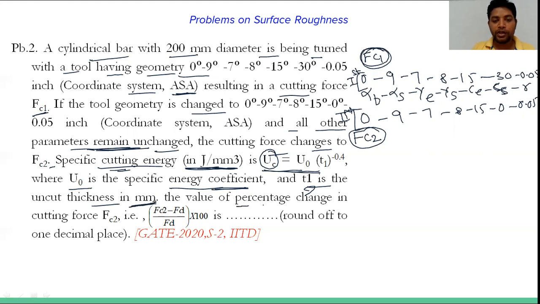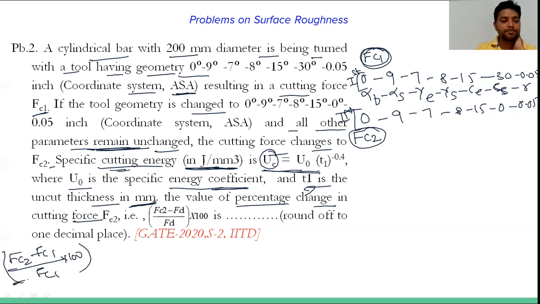Okay, and the value of percentage change in cutting force that we have to find out. So what is the change in cutting force? That is fc2 minus fc1 upon fc1 into 100. Okay, so that will be the percentage change. Now what we have to find out is this, but what relationship is given to us? That is of specific cutting energy.